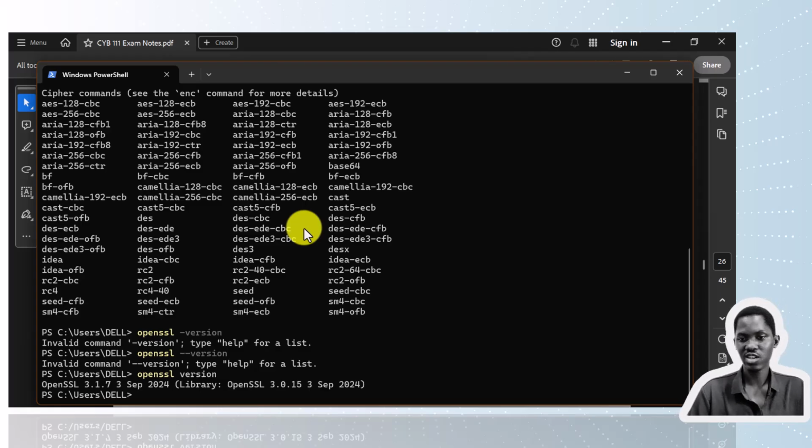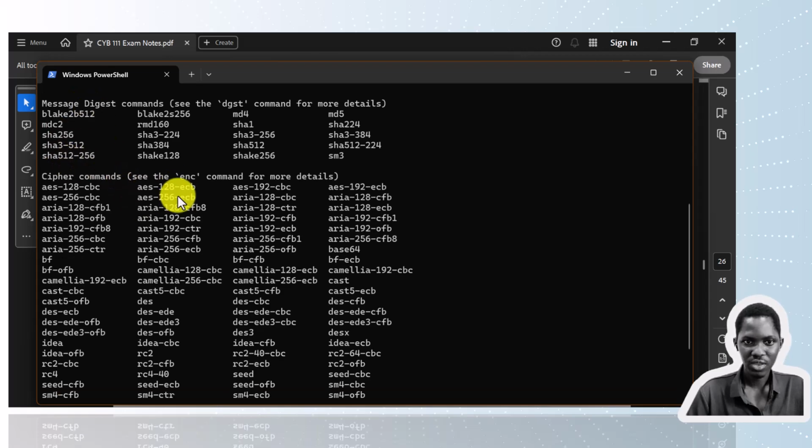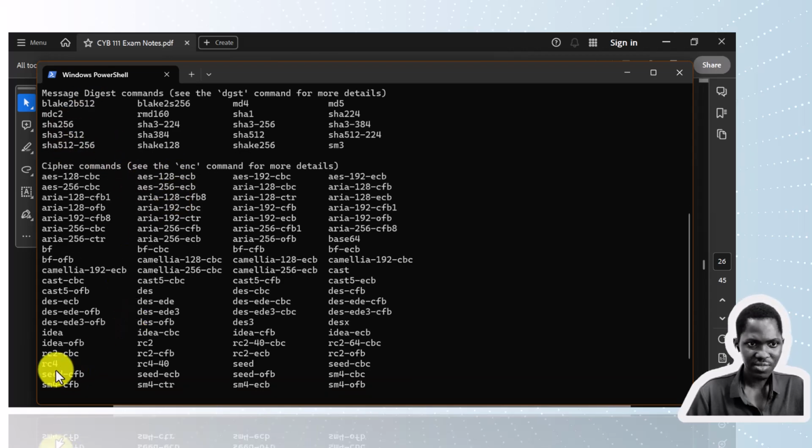So OpenSSL is what we are going to be using for encryption and decryption. You can see it has a lot of different ciphers. There is the Advanced Encryption Standard, there's SHA-256, there should be MD5. You can see there's MD5 here, there's SHA-512, there's Blake, there's RSA.